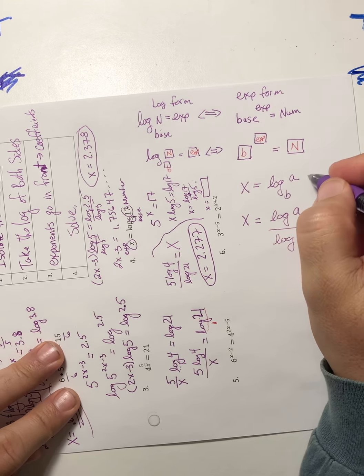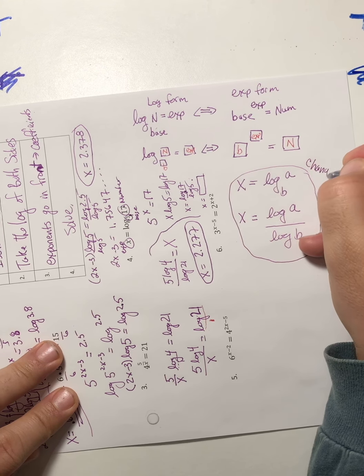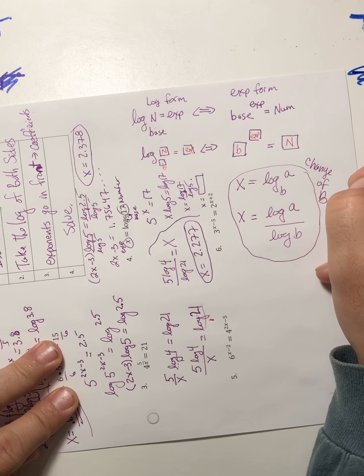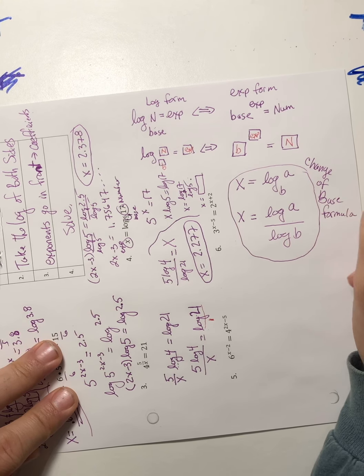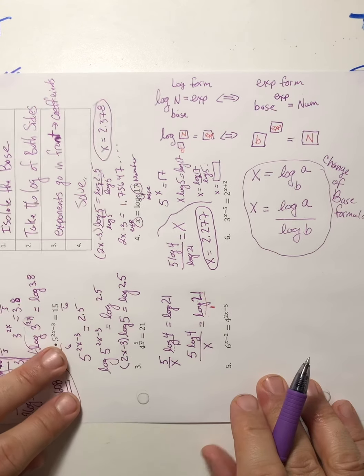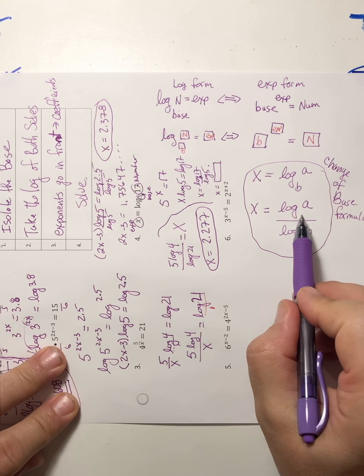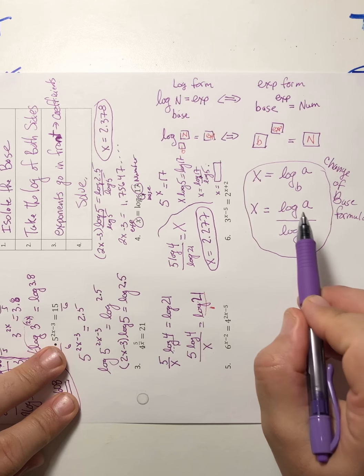This is your change of base formula. So log base b of a. When you don't see a base here, we always assume it's 10.